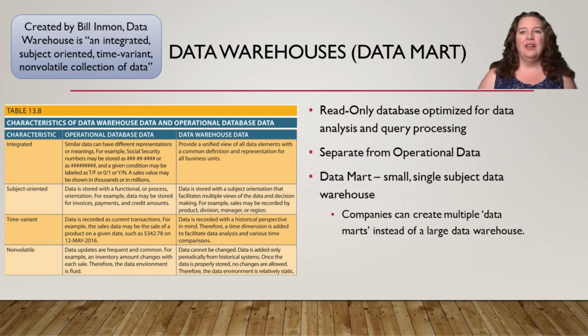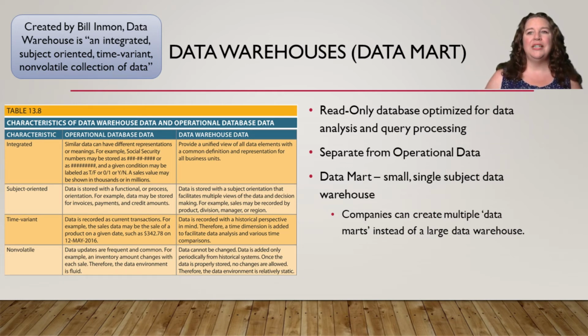That's what it's for. When we look at integrated, you can have similar data. In an operational database, you have similar data in different representations. But in a data warehouse, you want to have a unified view of all your data elements with common definitions and representations. This, again, is not normalized.